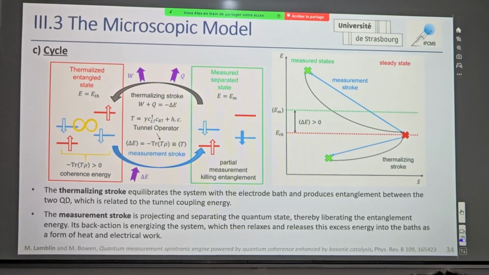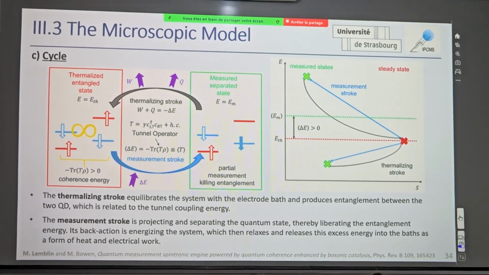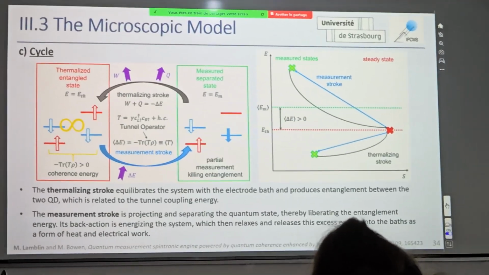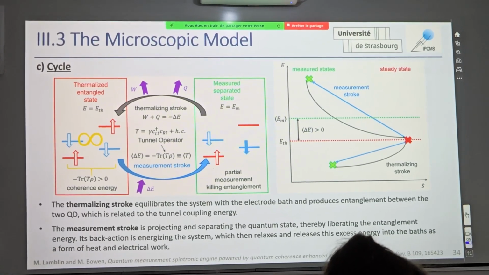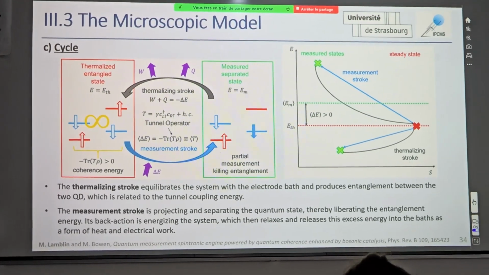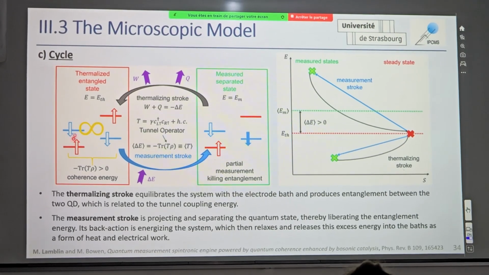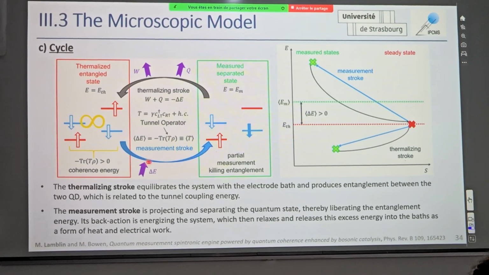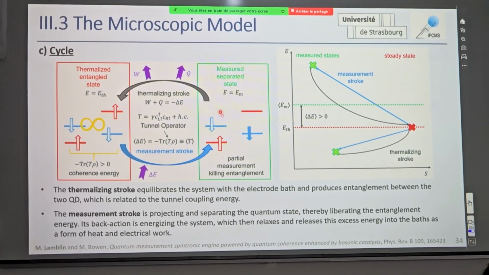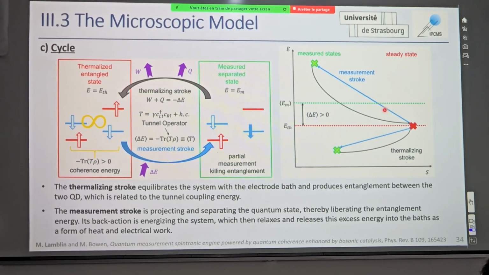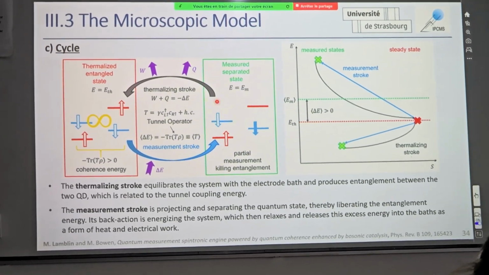So first, the system evolves as follows. You have the thermalizing stroke that places the system in a state close to the steady state, and this state has the property of having an entanglement between the two sides. Then the measurement stroke on one side kills this entanglement and, on average, energizes the system.